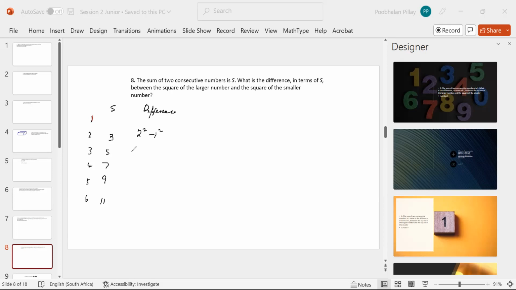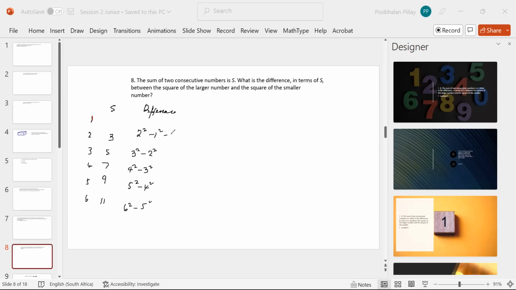And here, we're looking at 3 squared minus 2 squared, then 4 squared minus 3 squared. Here it's 5 squared minus 4 squared. And here it's 6 squared minus 5 squared.